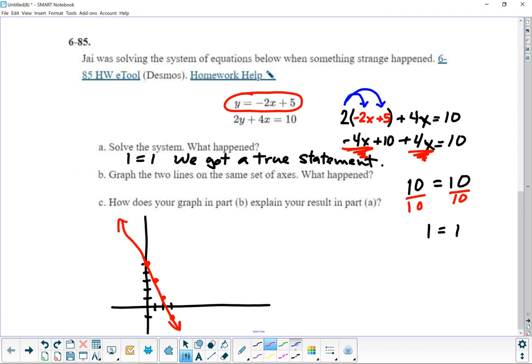Now I'm going to do the blue equation. Since I'm a little out of space, I'm going to put it over here. In order to graph it, I need to solve for y. So I'm going to subtract 4x from both sides, which gives me 2y equals negative 4x plus 10.